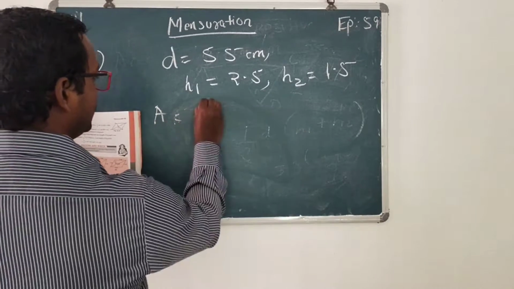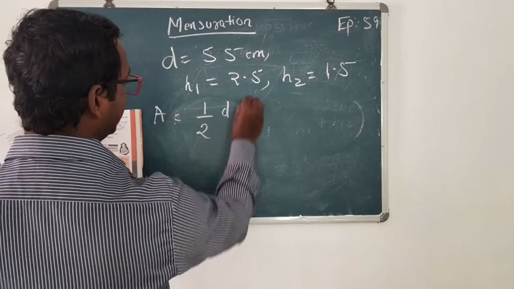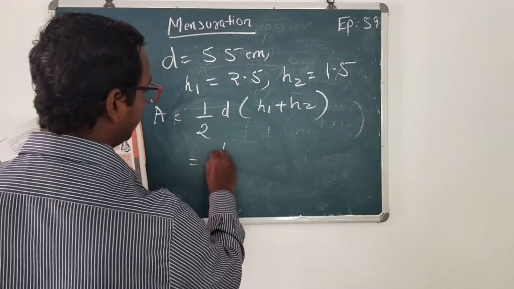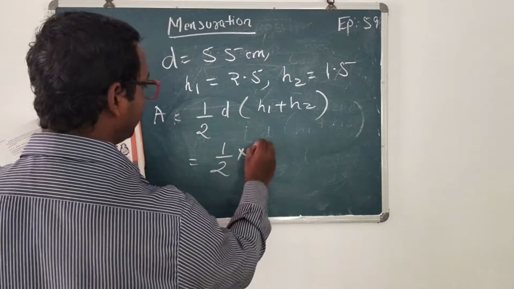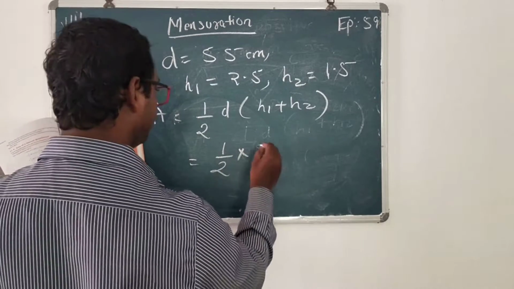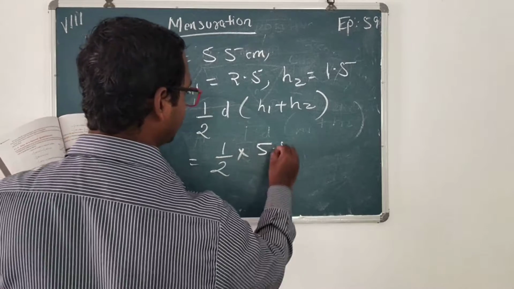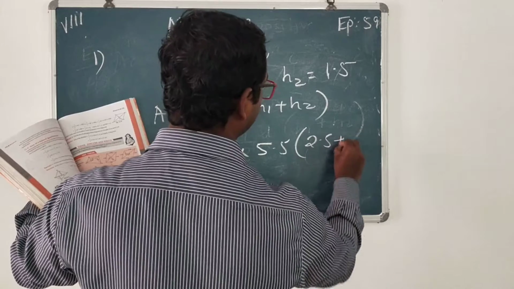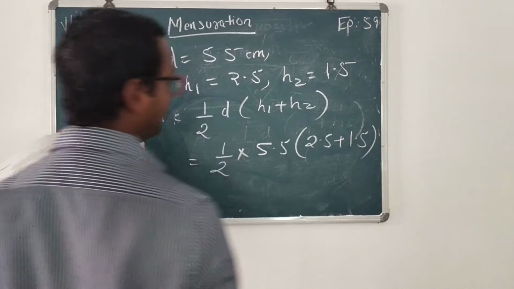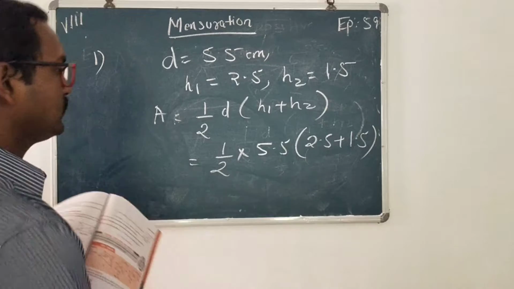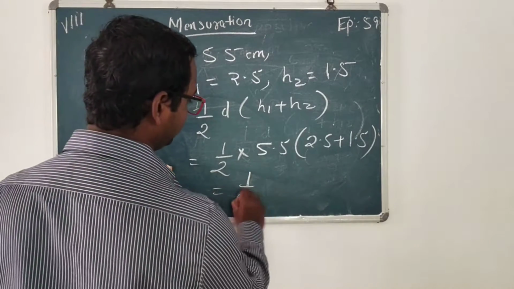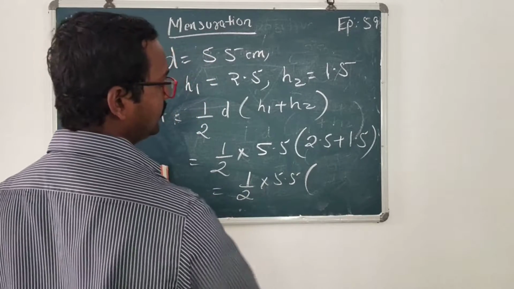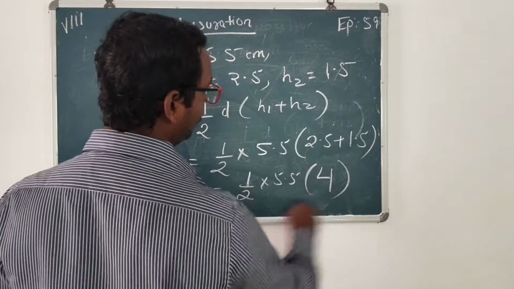Area is half diagonal into h1 plus h2. So here we get half, diagonal is 5.5, and the sum of 2.5 plus 1.5. When we solve this, we get half into 5.5, and 2.5 plus 1.5 is 4.